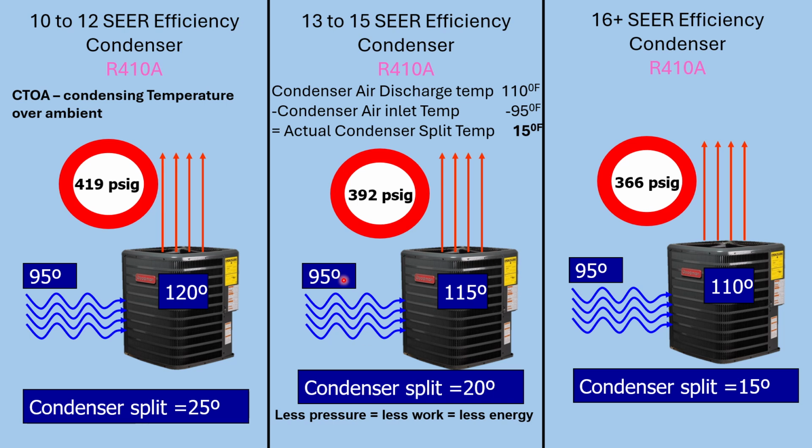And we see here we have 95-degree outdoor air entering the condenser, and the saturation point elevated 20 degrees that it needs so it can reject heat makes it 115-degree saturation temperature. And then there's also 95 degrees with 15-degree split.